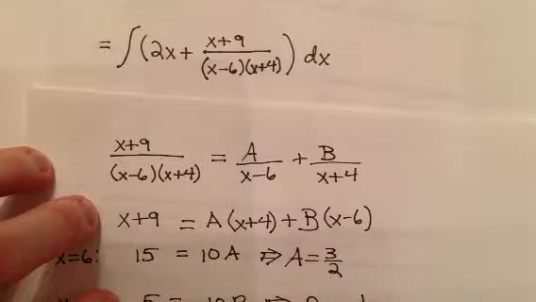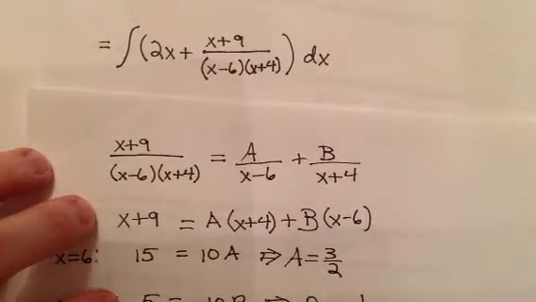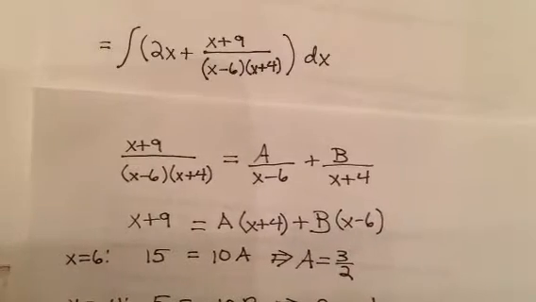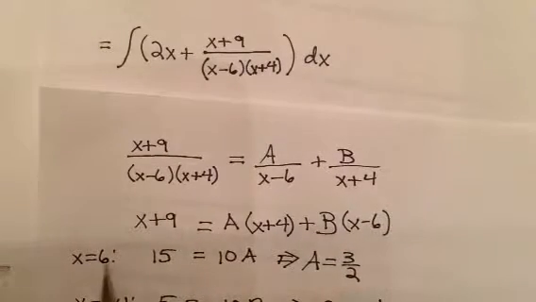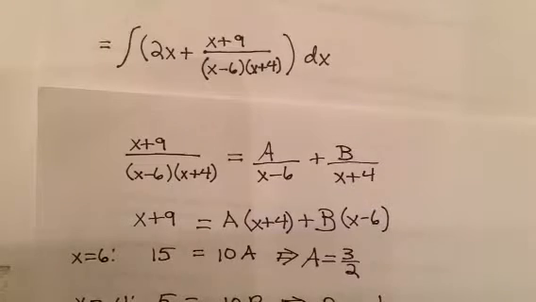Looking at our distinct zeros, from x plus 4 we can set x to negative 4, and from x minus 6 we can set x to 6. Solving for A, if we set x equal to 6, we have 6 plus 9 is 15, 6 plus 4 is 10, and 6 minus 6 is 0, so 15 is equal to 10A, and A is 15 tenths, which we can reduce to 3 halves.